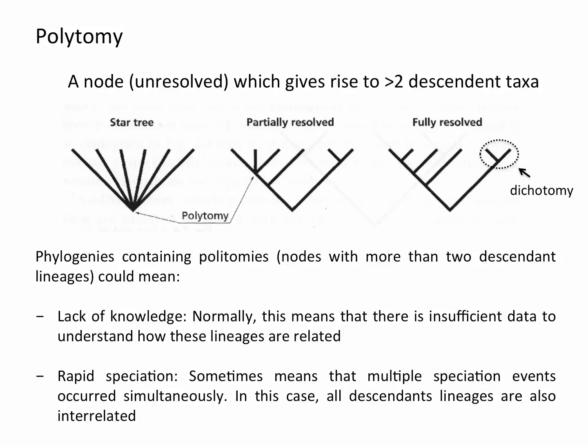A polytomy, meaning many temporal base branches, indicates that evolutionary relationships cannot be fully resolved to dichotomies. Dichotomies are branch points on a tree that have two immediate descendants.